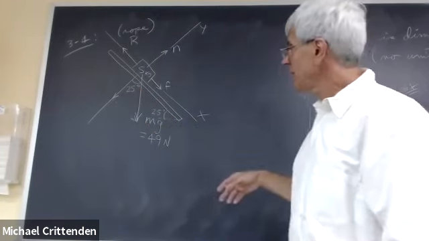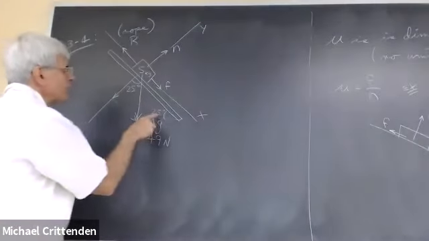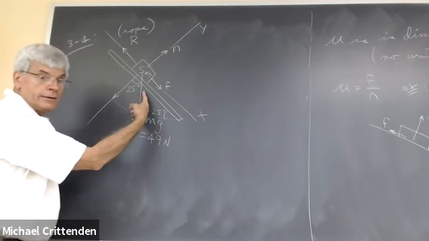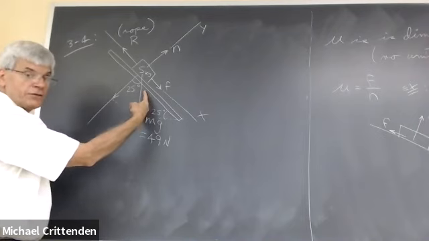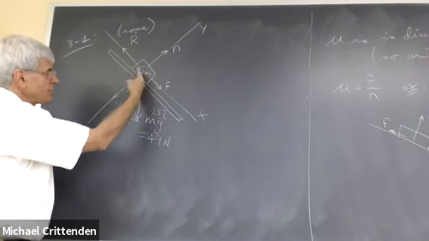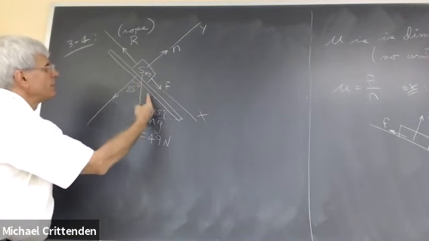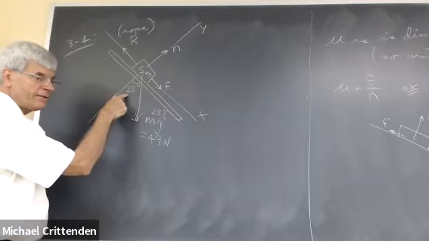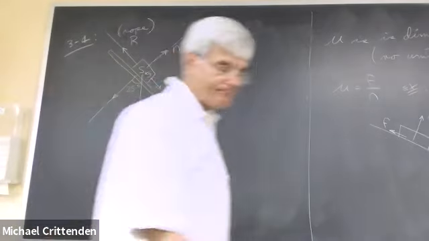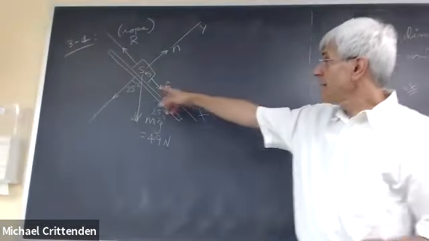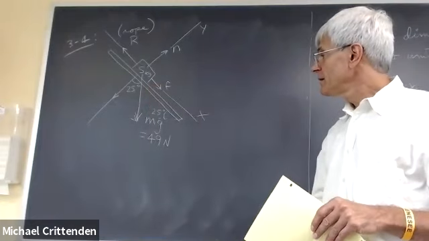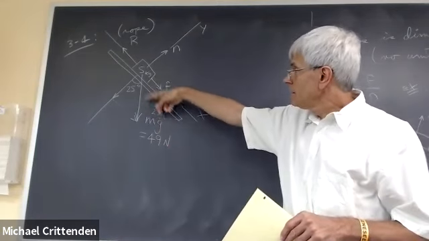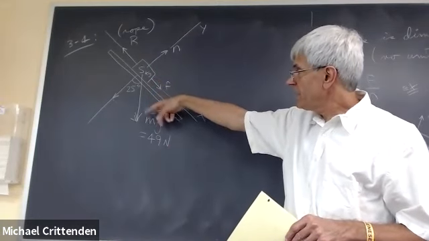Or another way to look at it is to say if this is 25 degrees, then this angle up in here must be 90 minus 25. And since this is a 90-degree angle, if this is 90 minus 25, this one over there is 25. However you care to think of it, that angle up in the top of the triangle is equal to the angle of tilt. 49 newtons is the hypotenuse.